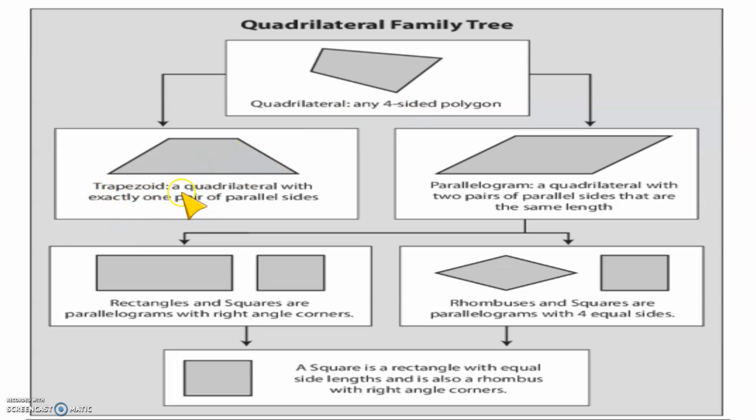A trapezoid is a quadrilateral, 4 sides, with exactly 1 pair of parallel sides. That means if we actually had our arm stretched out just as this is stretched out straight and this is stretched out straight, those lines are going in the same direction, sort of.